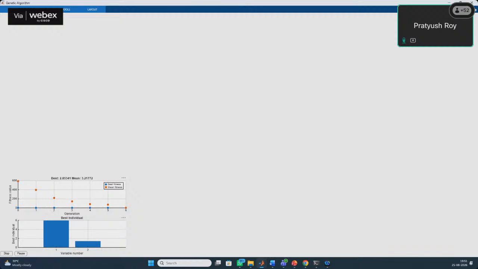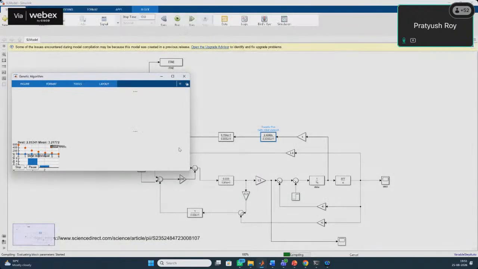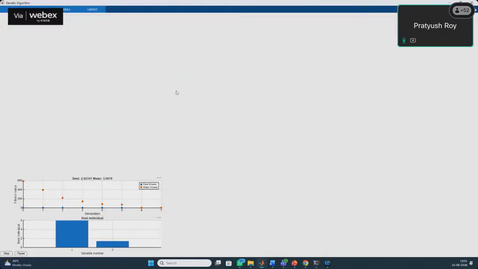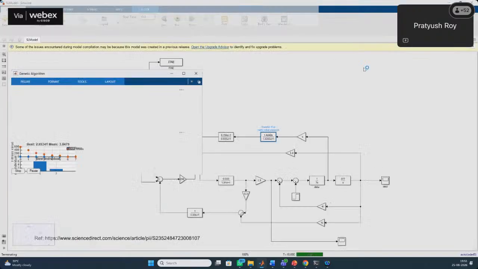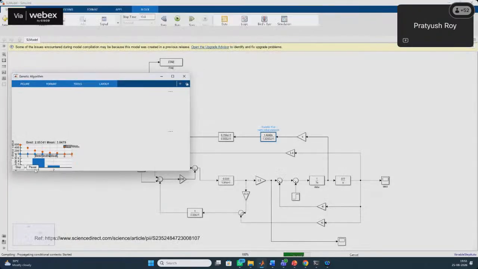Because you want to reduce the absolute error. If the absolute error is very close to 0, that's a better fit, right? Nonetheless, it's still trying to optimize. So if I am satisfied with the fit, I can just stop this.